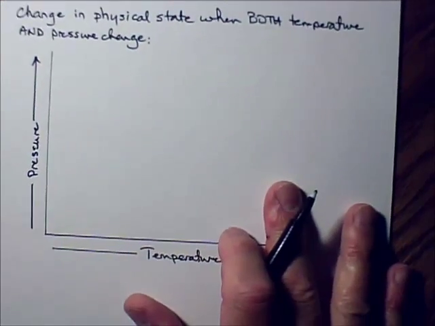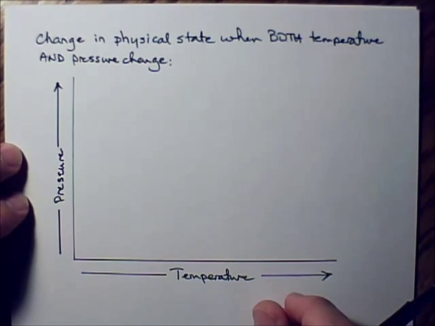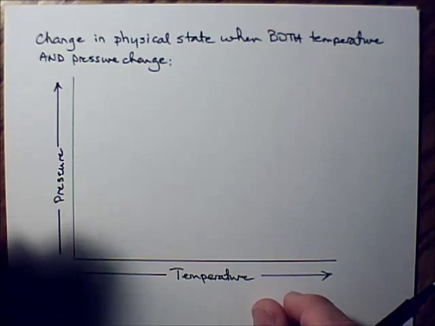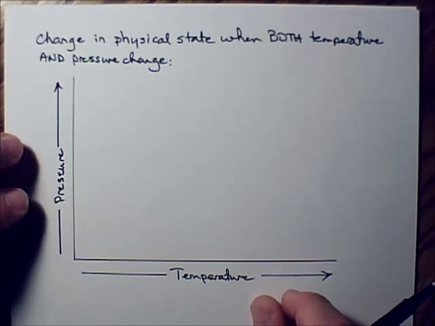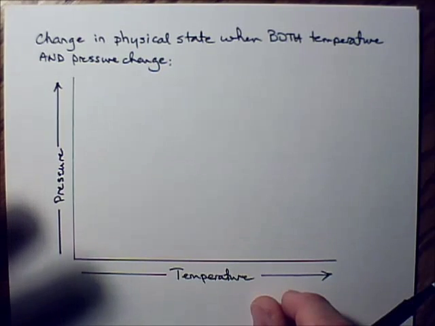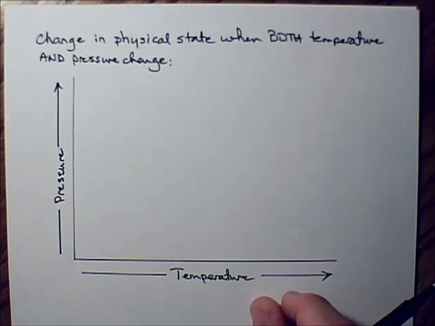Now it's important to know that every substance has different temperatures at which it changes from solid to liquid to gas, or from gas to liquid to solid. So this representation isn't specific to any particular substance. It's general, to show the pattern of almost all substances. And I say almost all importantly because there is a particular substance we're going to look at next that doesn't behave quite this way. All right?